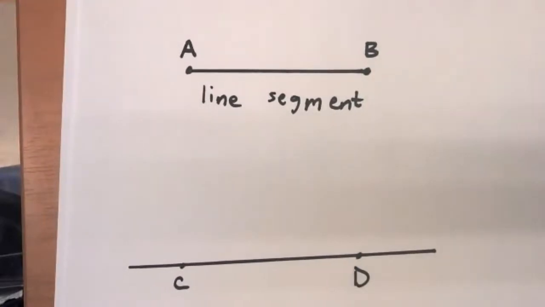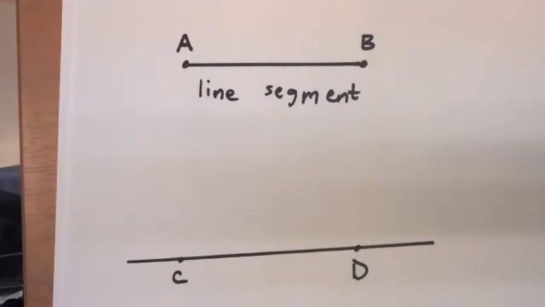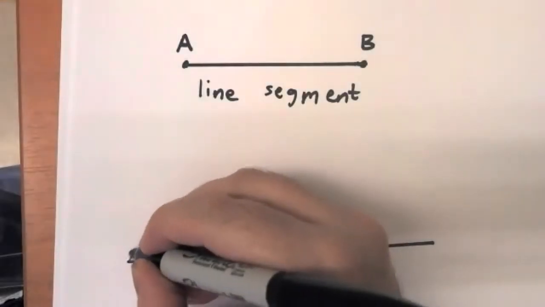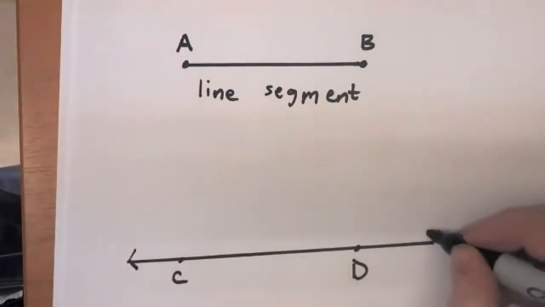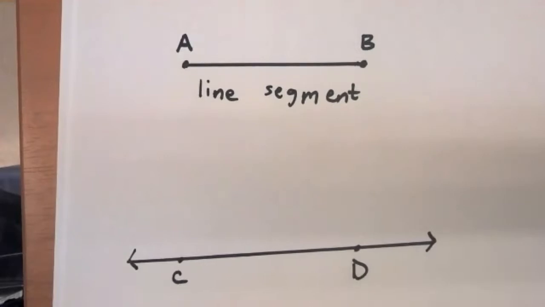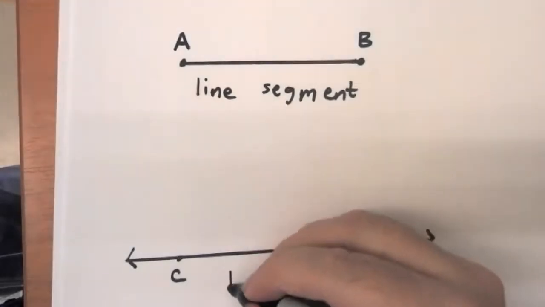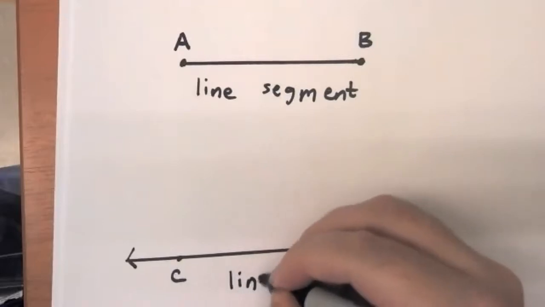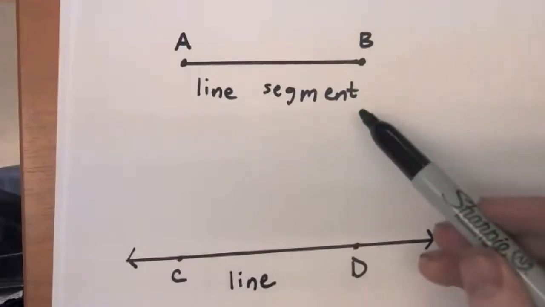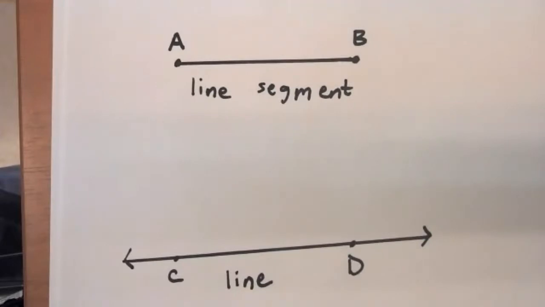So in algebra, when you were graphing functions and you wanted to be clear that a function went on forever, how did you make that clear when you drew that line? Bonus points for you if you said, well, we should draw arrowheads at the end of our line. So this is called a line. So notice that a line segment is a part of a line. We've got a start point and we have a finish point.